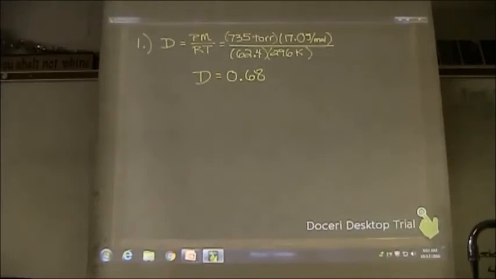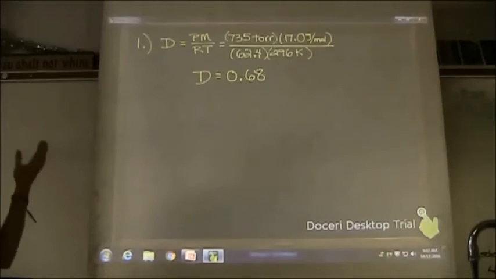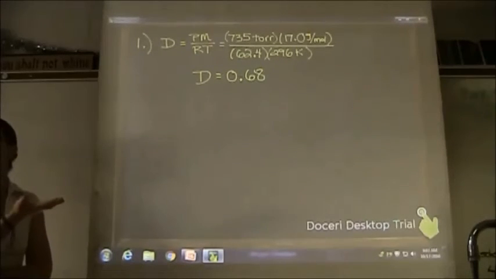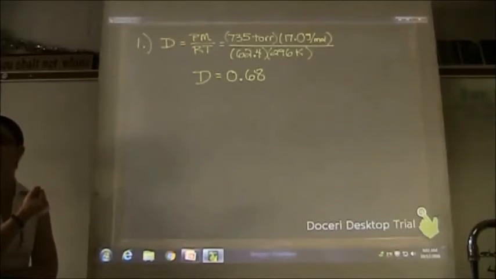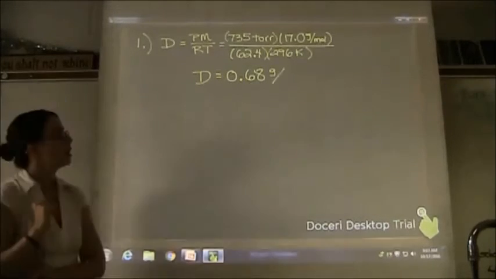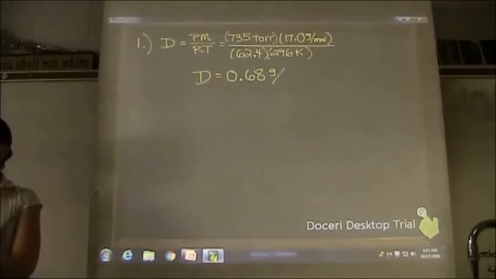And they can be all kinds of things, but what do you think the unit of mass is in here? Go with your gut instinct. Grams. Mass per unit of volume. What unit of volume? Liters.